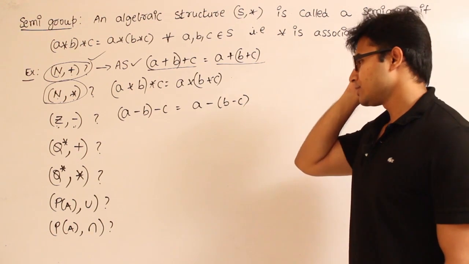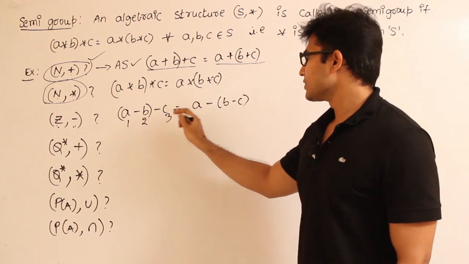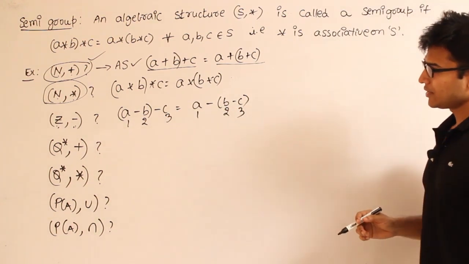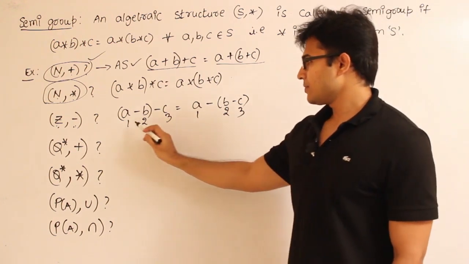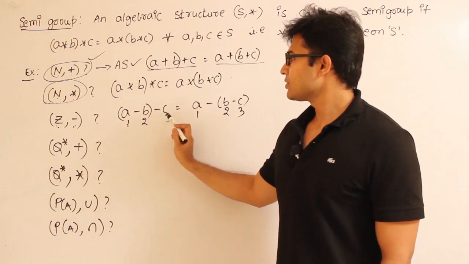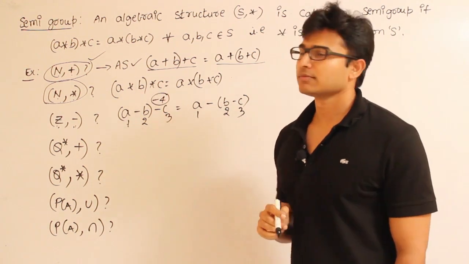Let's take some example and see. Assume A is 1, B is 2, C is 3. Now what does the left hand side give you? 1 minus 2 is minus 1, and minus 1 minus 3 is minus 4. So here I get minus 4, right?